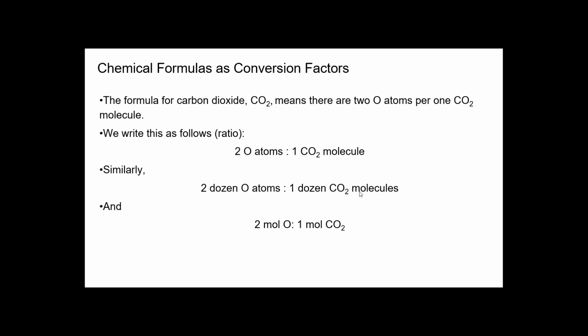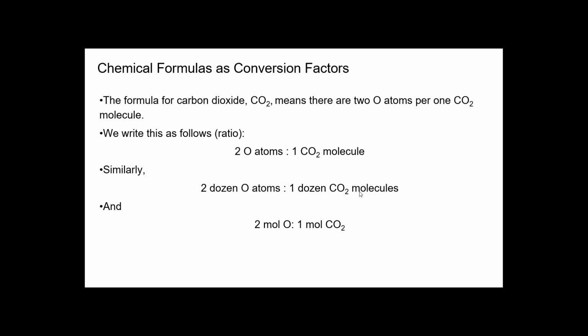The formula for carbon dioxide, CO2, means that there are 2 oxygen atoms per 1 CO2 molecule. So when we write this out, we can use these ratios of 2 oxygen atoms per 1 CO2 molecule. We can also use 1 C atom for a CO2 molecule. So we can pull either atom out of this molecule and use it.